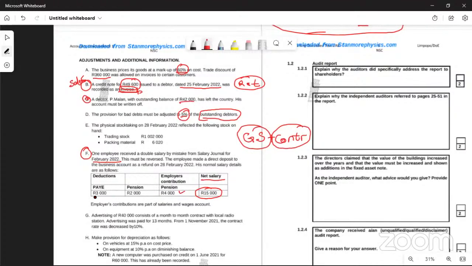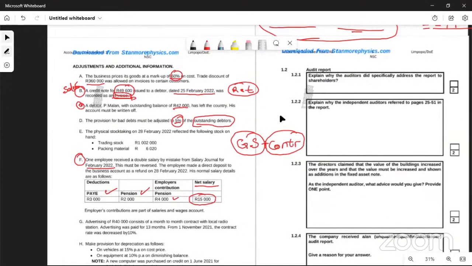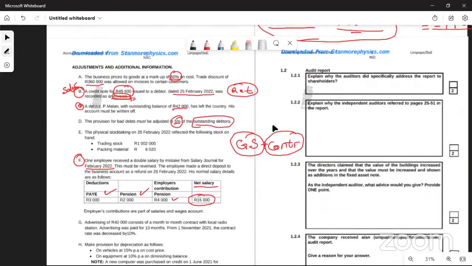Then we have to calculate the gross salary for the employee. How do we calculate gross salary? We add the deductions, pay as you earn and pension fund, to the net salary. So our calculation would be 15,000 plus 2,000 plus 3,000, which is 15,000 plus 5,000.